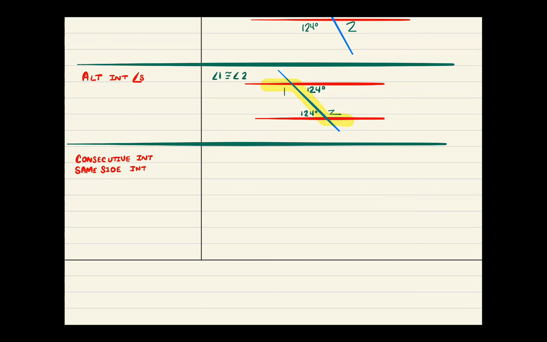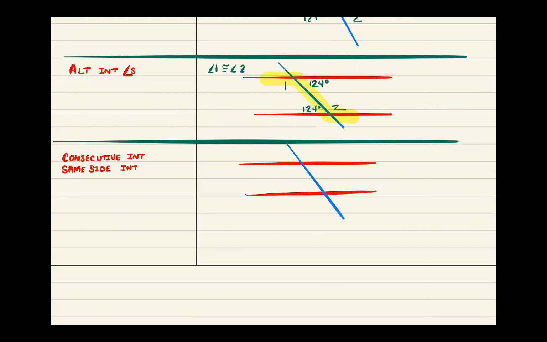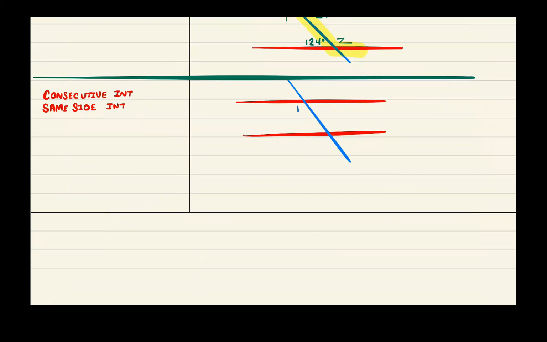Okay, so two parallel lines cut by a transversal. What's our rule for these? How are they related to the transversal? Same side of our transversal, and inside of our parallel lines.